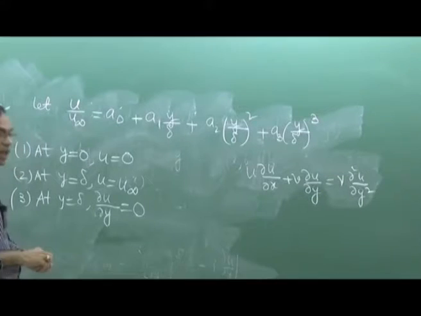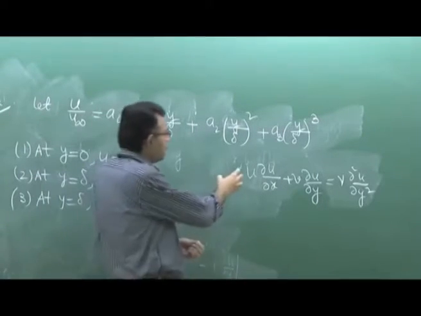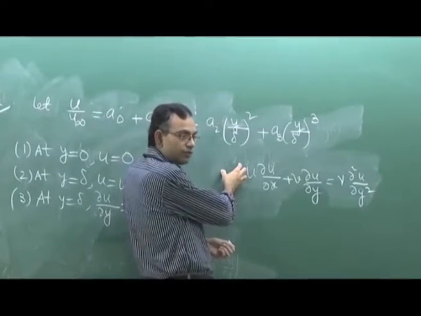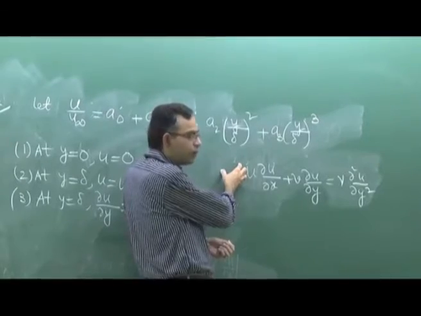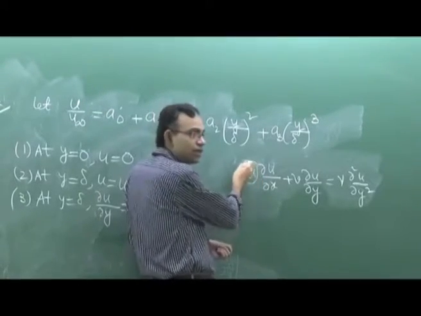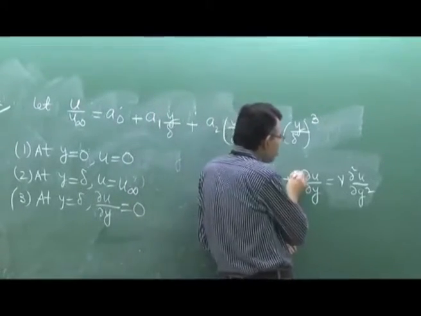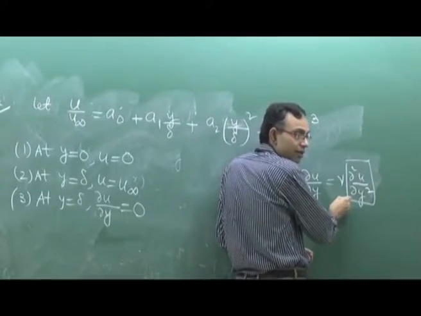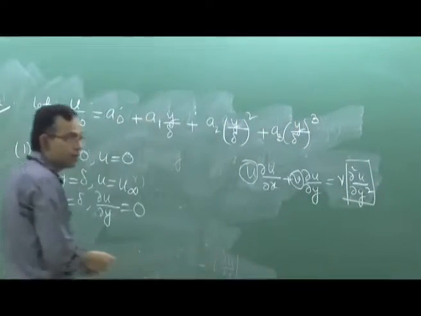So now with this hint you tell what could be the boundary condition. If you apply this equation at y equal to 0, this is equal to 0, this is equal to 0, therefore this must be equal to 0, right.